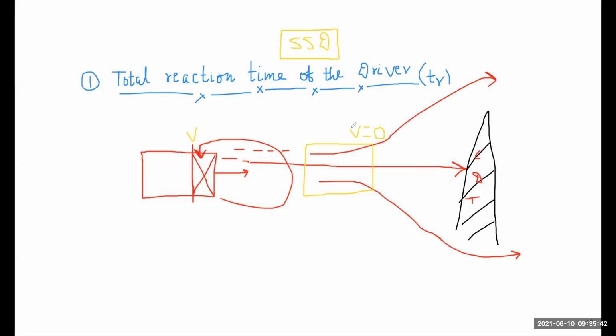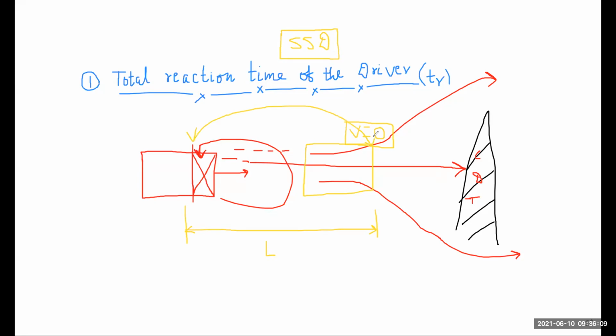So basically here our speed becomes zero. From here to here, he also covers a certain distance, and during this distance, he takes certain time between the thought process after seeing and perceiving the signals through his eye.